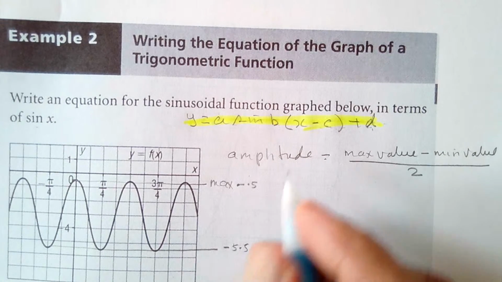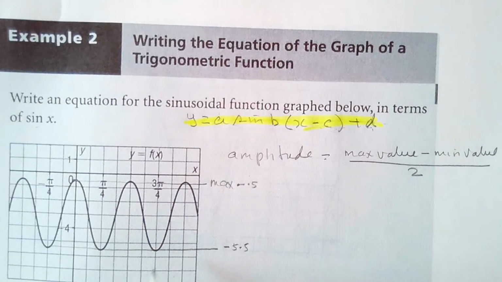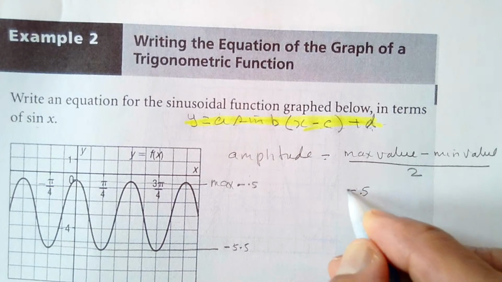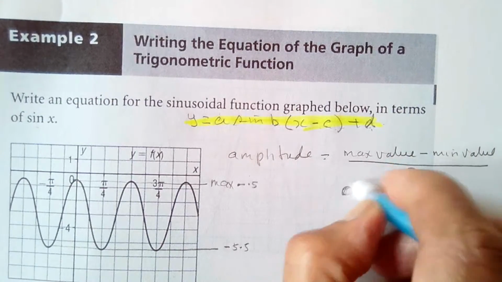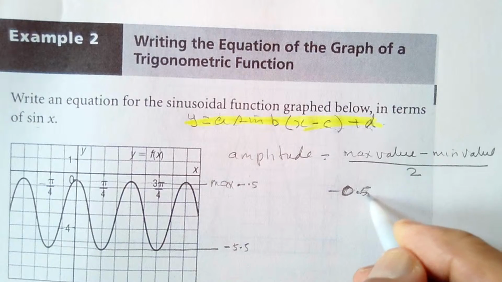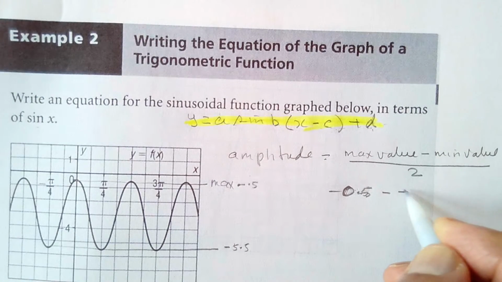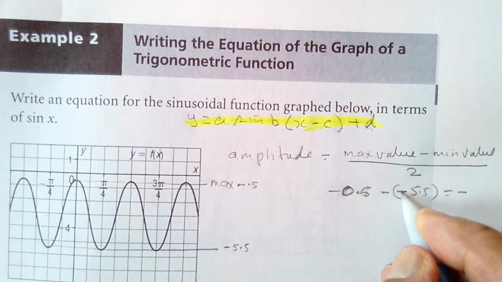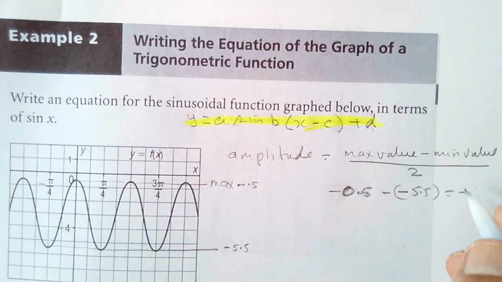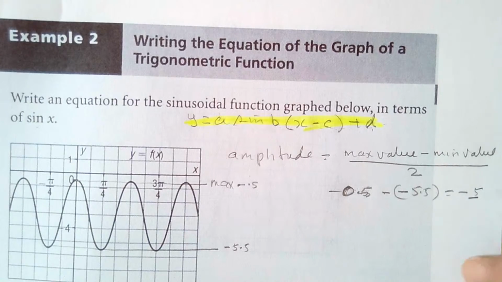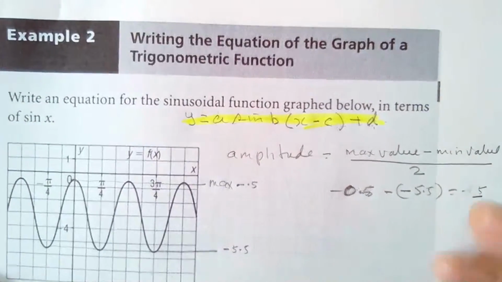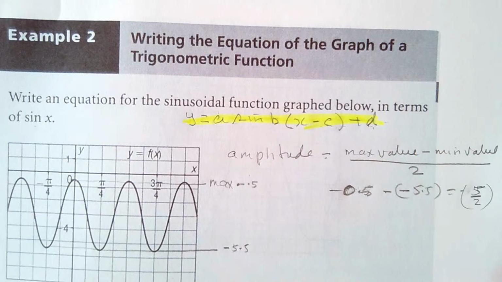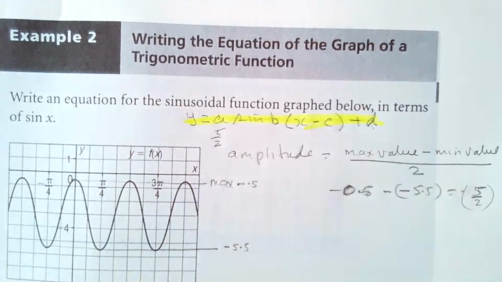So we can define our amplitude, and our amplitude is going to be negative 0.5 minus negative 5.5, which is plus here, is 5, over 2. So our amplitude here is 5/2.